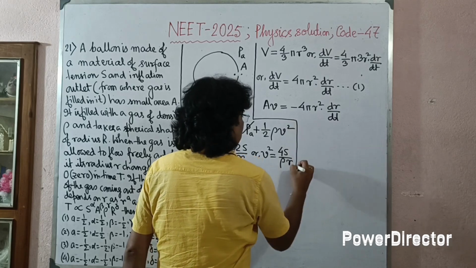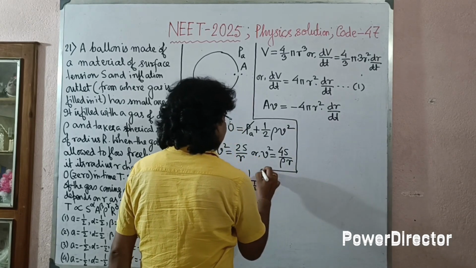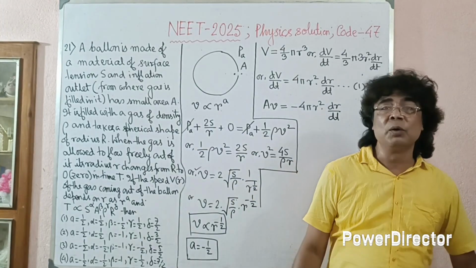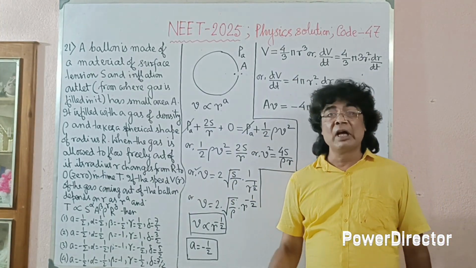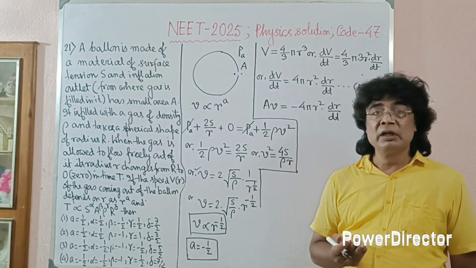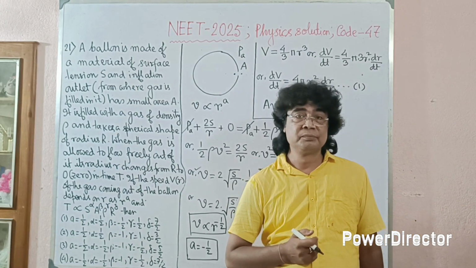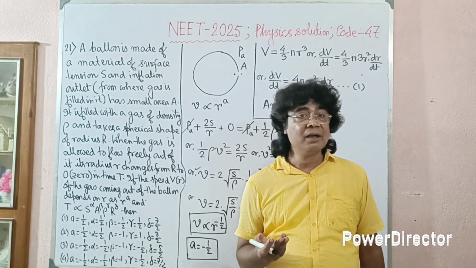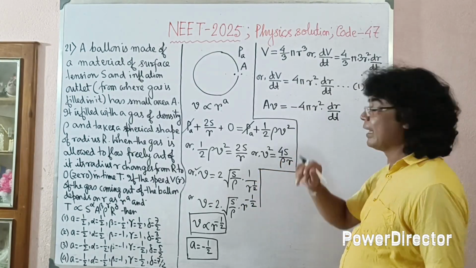Here we introduce a negative sign. Why? The radius of the balloon is decreasing with respect to time. Due to this reason, we introduce here a negative sign.